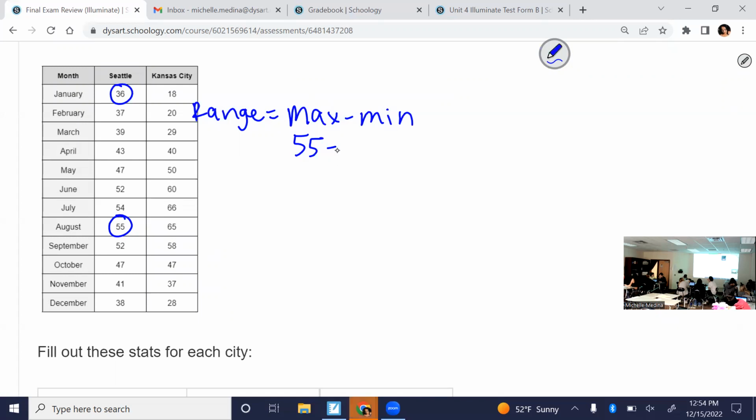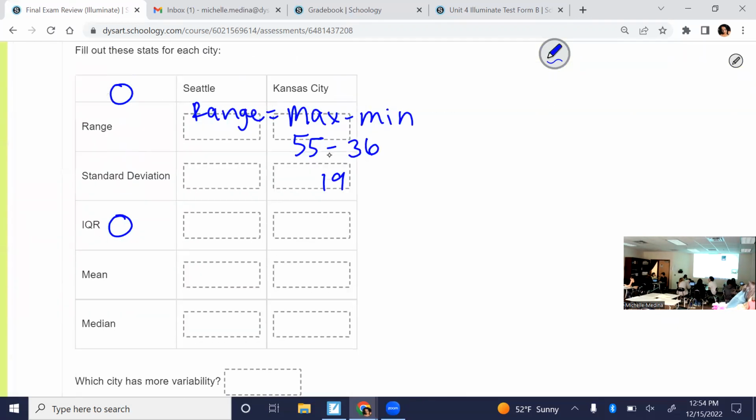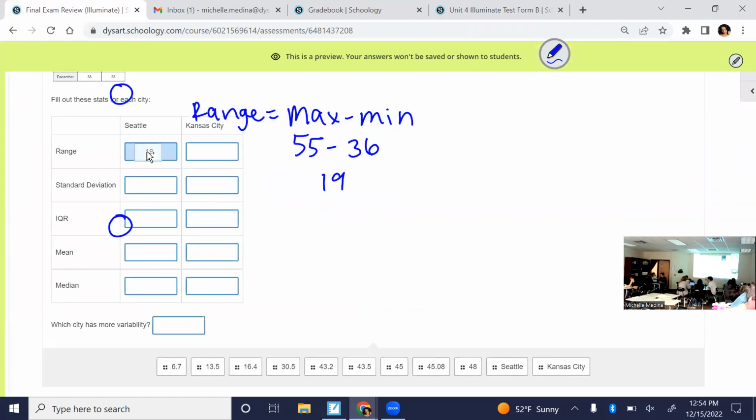Looks good to me. And then what's 55 minus 36? 19. Okay, 19. So that's the range. How about I do all of Seattle and you guys do Kansas City, since it's kind of like a tryout. But yeah, so maximum minus the minimum, 19 for Seattle.